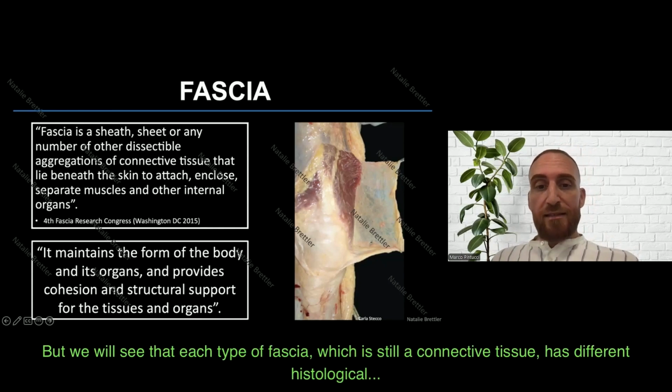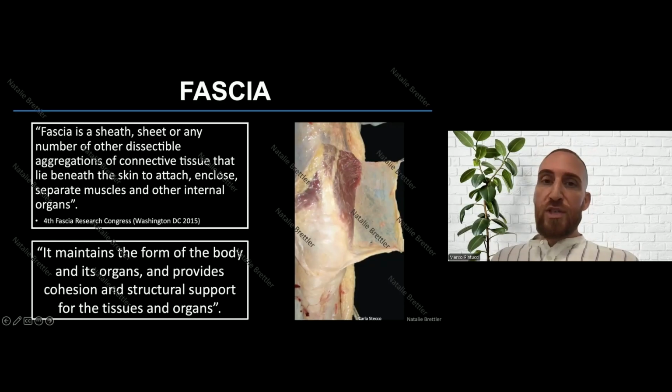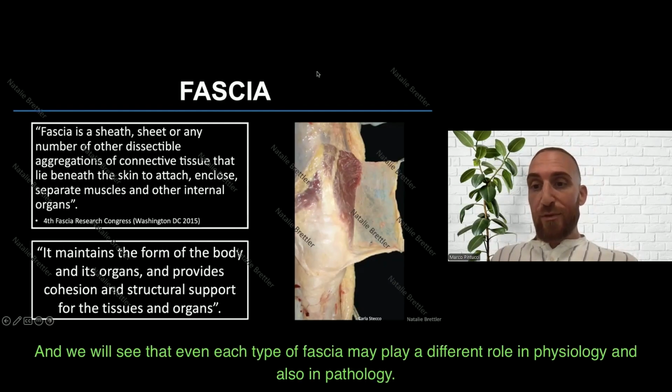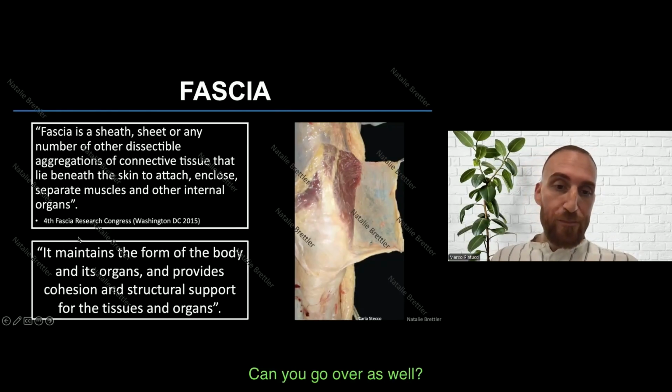But we will see that each type of fascia, which is still a connective tissue, has different histological features and also a different morphology. And each type of fascia may play a different role in physiology and also in pathology.